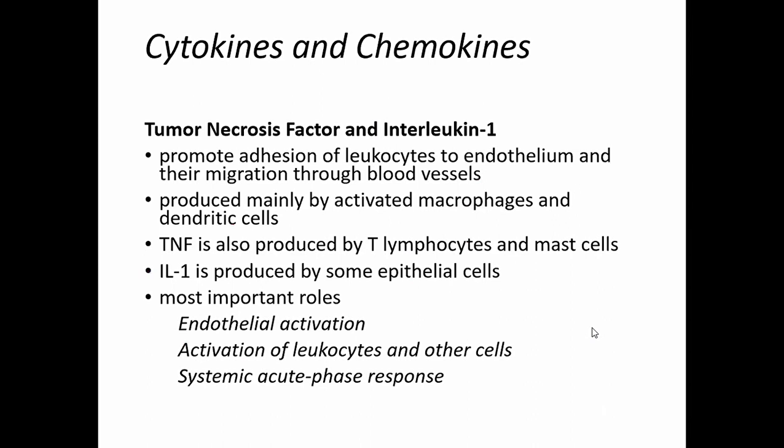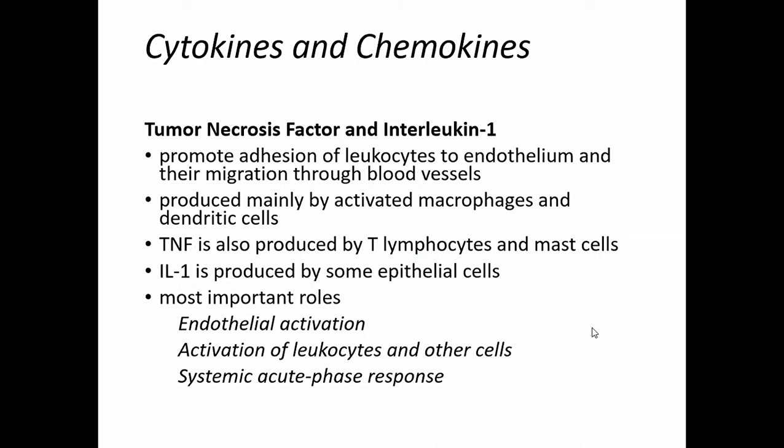So for the cytokines and chemokines, we have tumor necrosis factor and interleukin-1. These two serve a critical role in leukocyte recruitment by promoting the adhesion of leukocytes to the endothelium and then migration through the blood vessels.